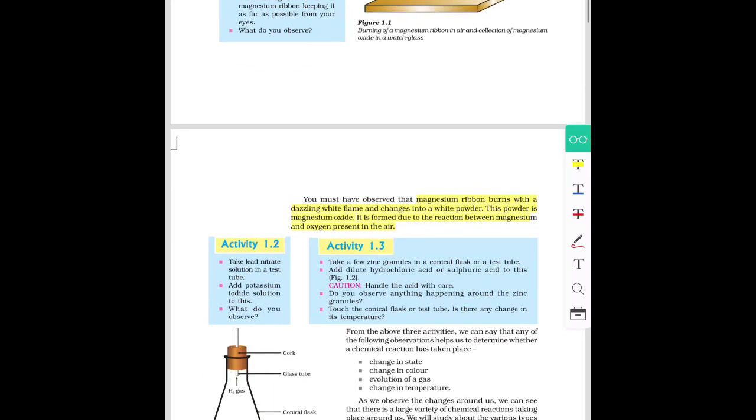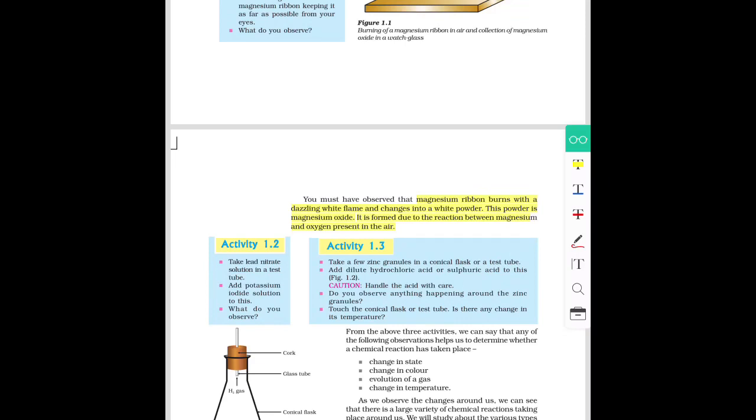Take lead nitrate solution in a test tube, add potassium iodide solution to it. What do you observe? We observe that yellow precipitate of lead iodide is formed. This also shows a chemical change has occurred and a chemical reaction has occurred.